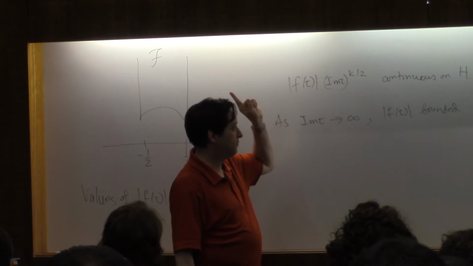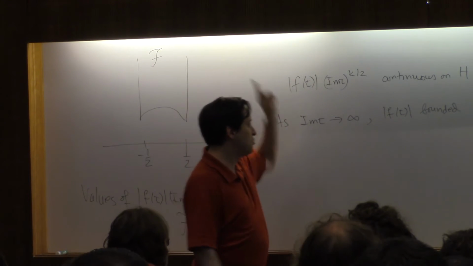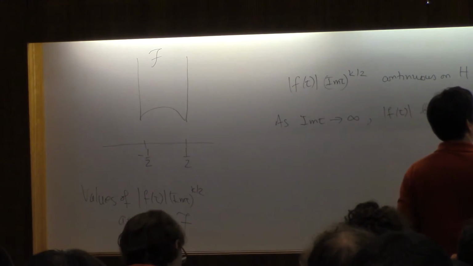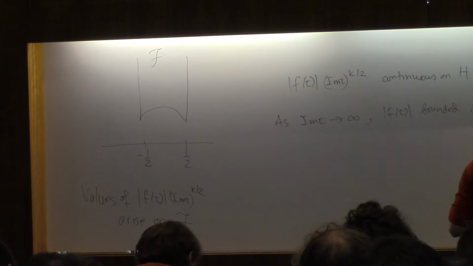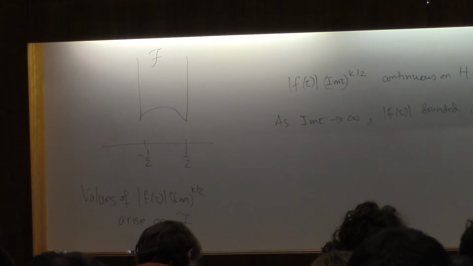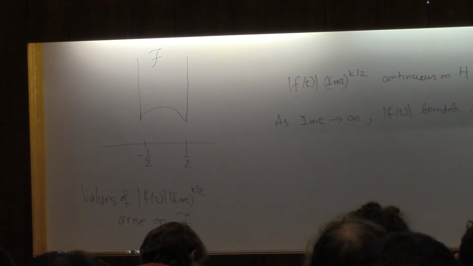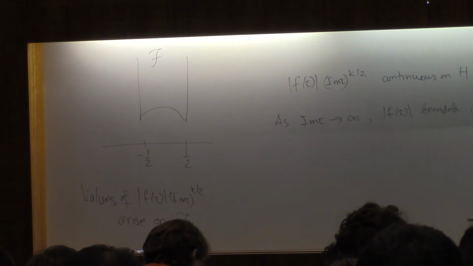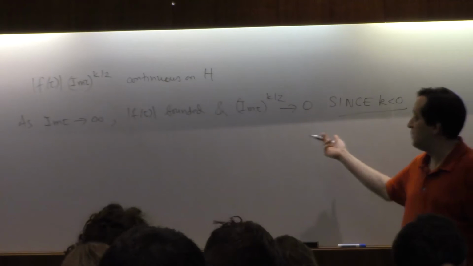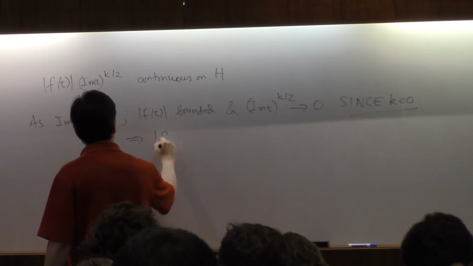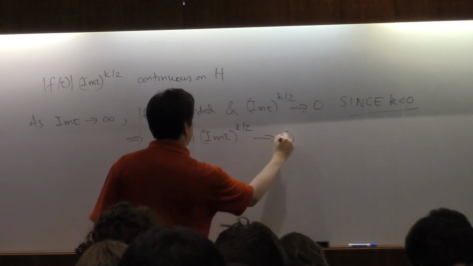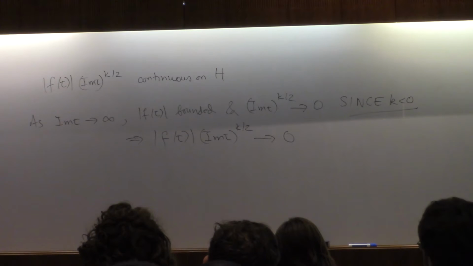Remember, k is negative. It goes to 0. And this is the very first time we've used the negativity of k. All this algebra over here with the invariance just worked for all integers k, positive perhaps, and it's actually useful for other purposes. But here, finally, for the first time, I've used it. Since k is negative, putting this together, this function will go to 0. Bounded times something that goes to 0 goes to 0.